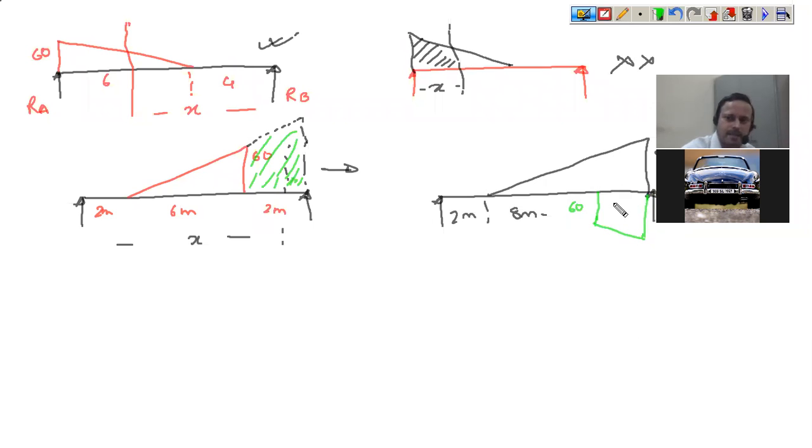Okay, and this is 2 meters. So this is what you have done to your problem, that you have gone on increasing the triangle. And here what you have done is you have added a trapezium. Actually, if you isolate this portion, this becomes a trapezium. So you need to add this trapezium or subtract it. So this is your final figure. Now you need to write down the equation for this.